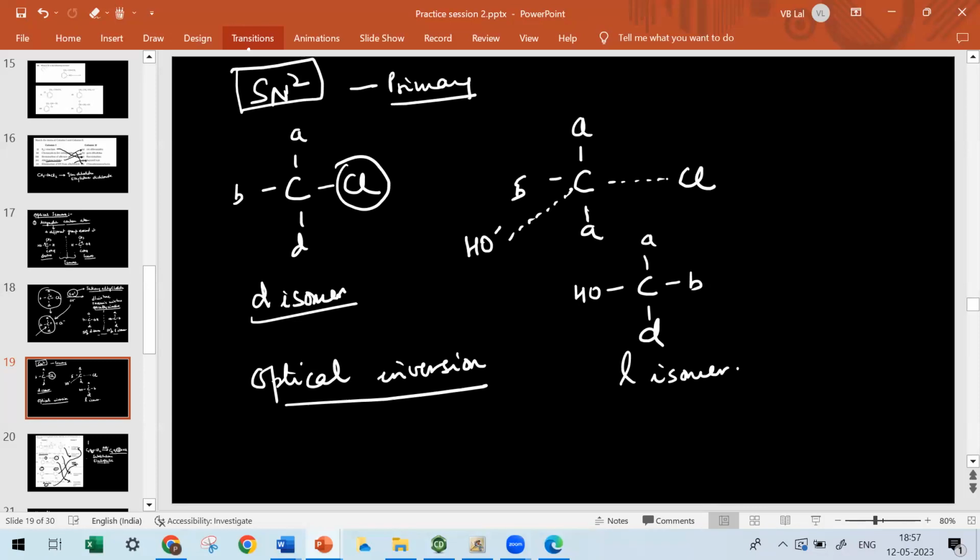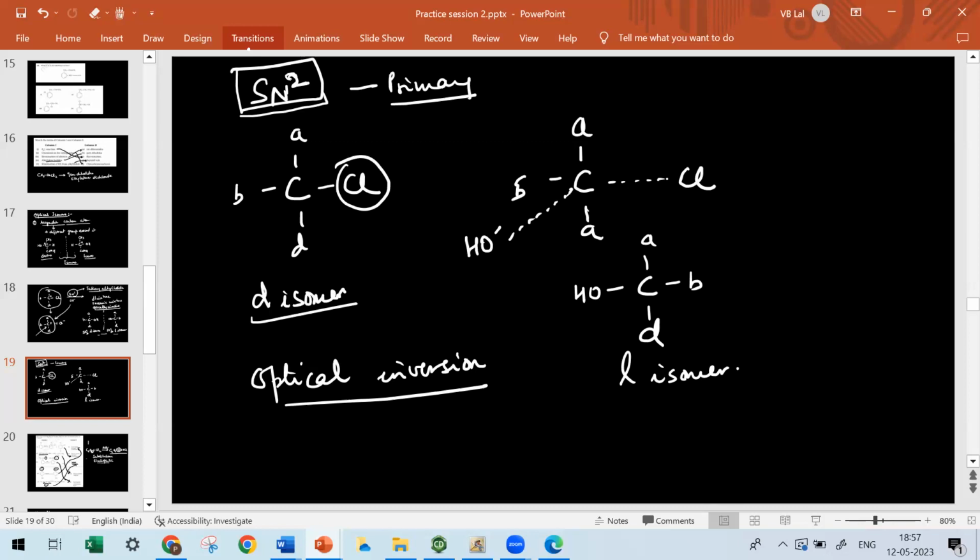This is what you have to learn when you are doing alkyl halides, because you have to understand the mechanism of SN1 and SN2, that is in your syllabus. SN1 reaction occurs in 2 steps. In SN2, the reaction occurs in 1 step. The 2 here says it is a bimolecular reaction.